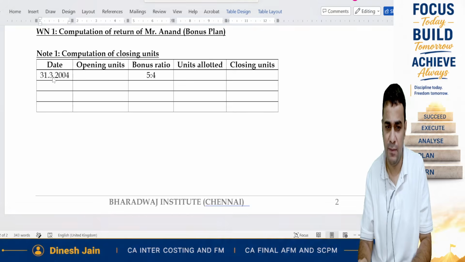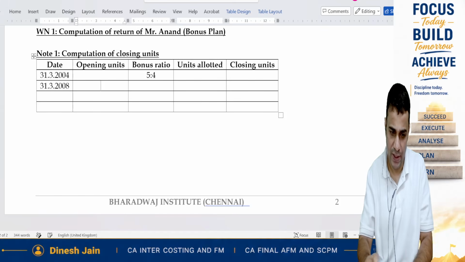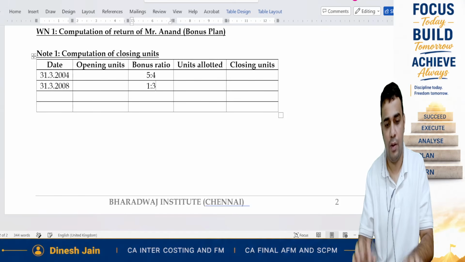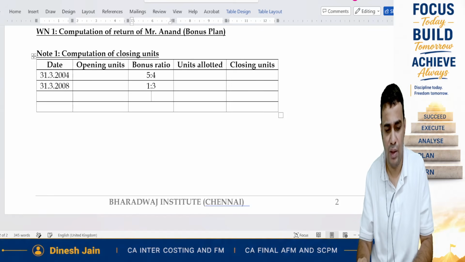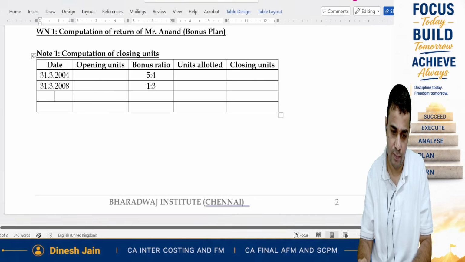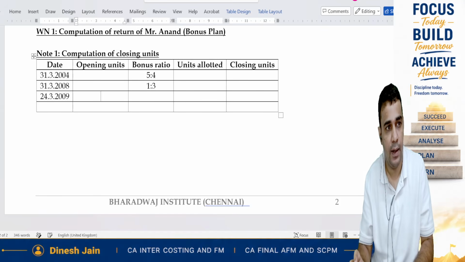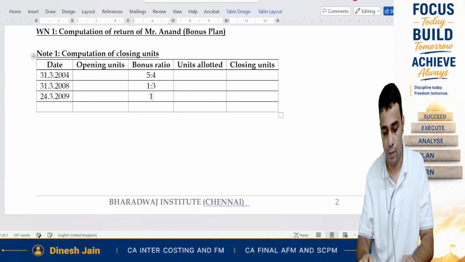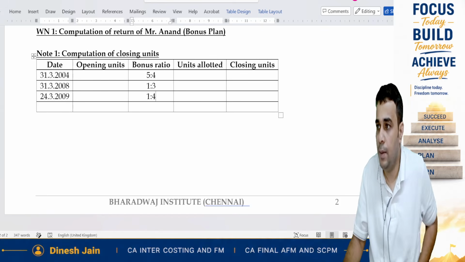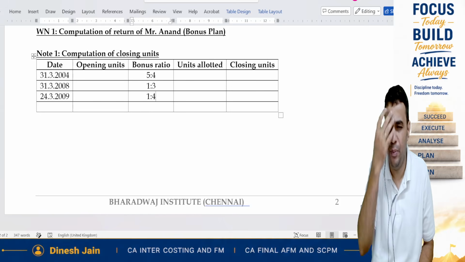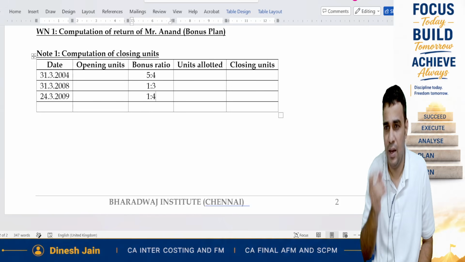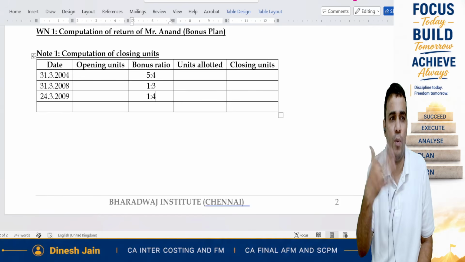The next bonus is declared on 24 March 2009. You give me 10 bonuses also, I can do the calculation. The concept is the same; more bonuses will take more time.